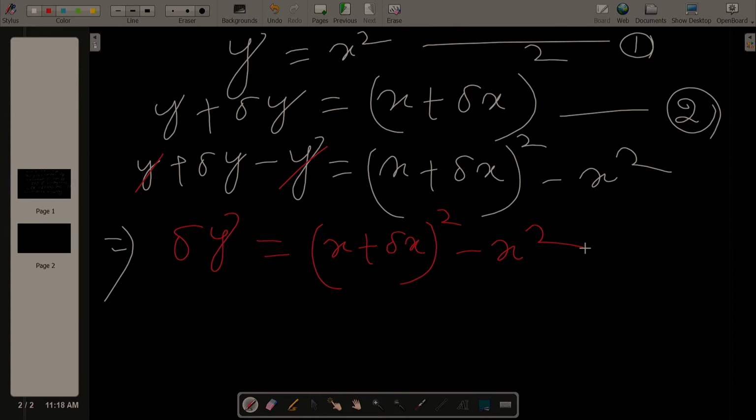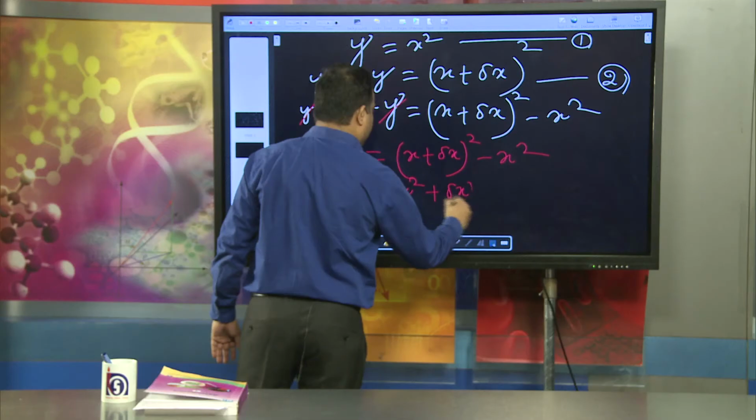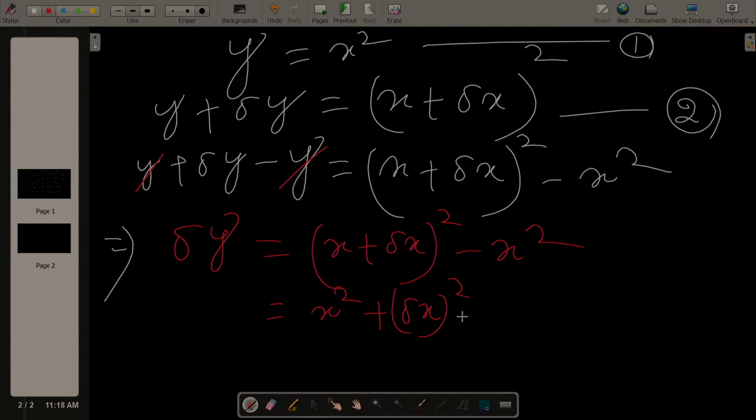Again I can write this as x square plus del x whole square plus 2x del x minus x square, because I have used the (a plus b) whole square formula. Now plus x square and minus x square cancel.